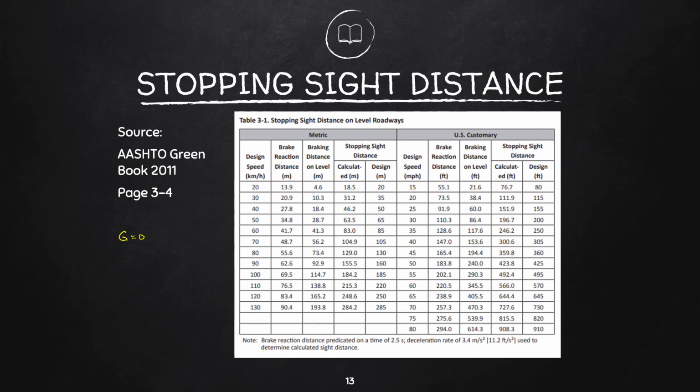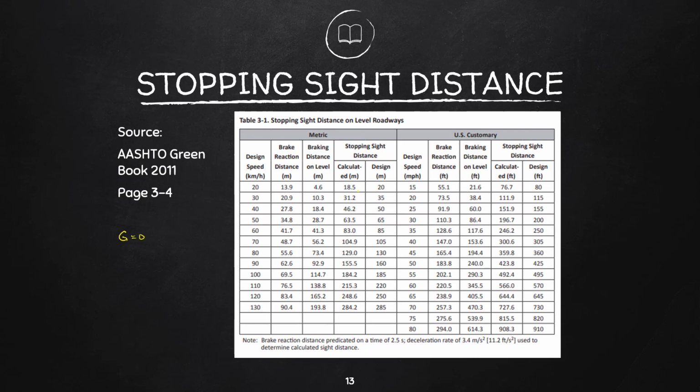So take note that for this one, we considered our brake reaction time to be equal to 2.5 seconds, the 98th percentile, and the deceleration rate is 3.4 meters per second squared. Later we will be discussing this portion. Where did they get this deceleration rate for the design speed? And of course, the calculated should have some allowances.